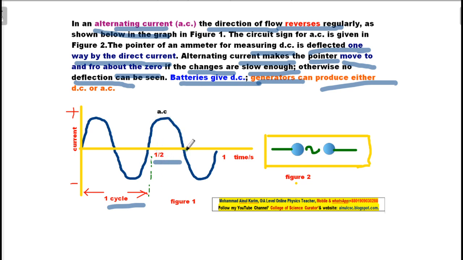There is another complete cycle, so the total time is 1 second, and 2 cycles are complete. For this reason, the frequency is 2 hertz. The frequency is 2 hertz. The other figure is also a sign for AC. The circuit sign for AC is figure 2.